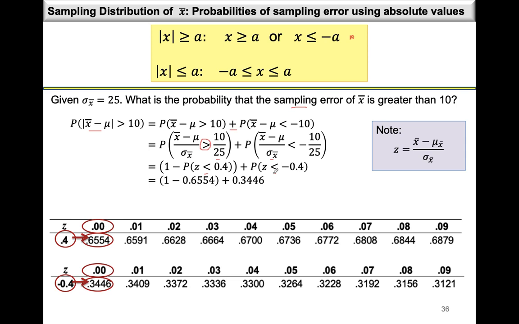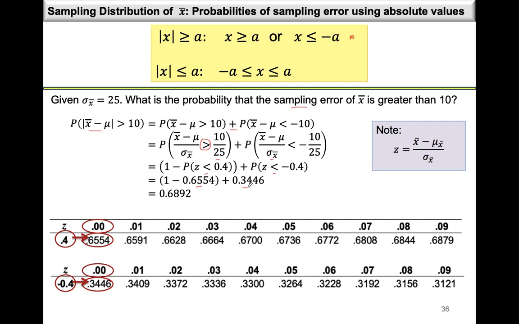So we replace these values into our equation and find that this becomes equal to 1 minus 0.6554 plus 0.3446, and we find our final answer as 0.6892.